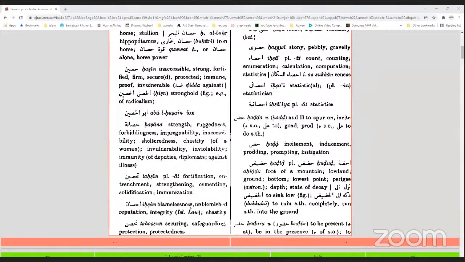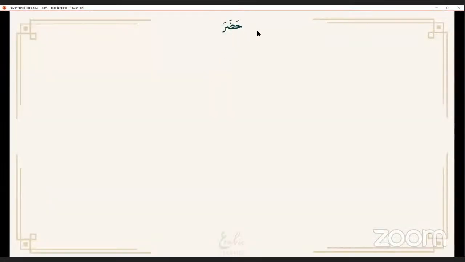Now let me go back to my slide. From the dictionary, I found its Mudari is Yahduru. Hadara Yahduru. Now it belongs to Bab Nasara.